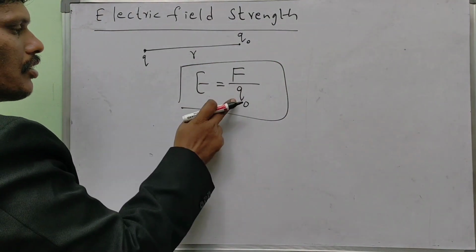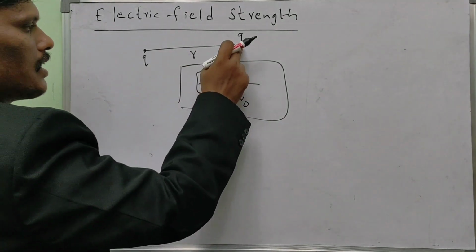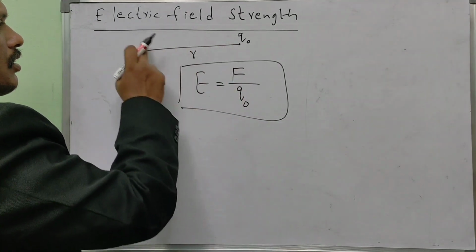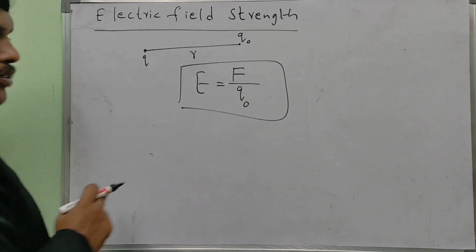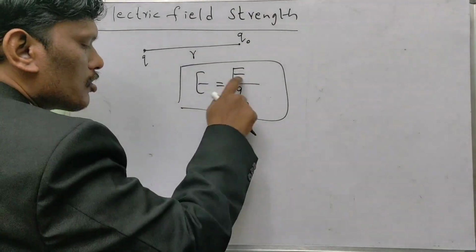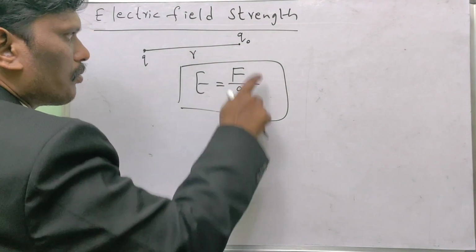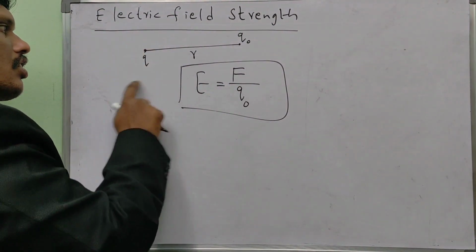The force acting on a unit test charge placed at this point is called the electric field strength because of this charge at this point. I am going to repeat: the electric field is the force per unit test charge placed at that point.